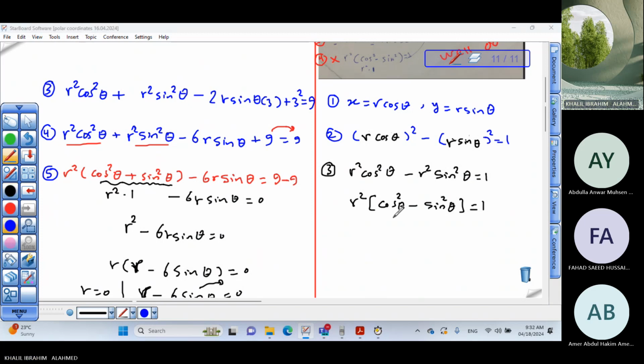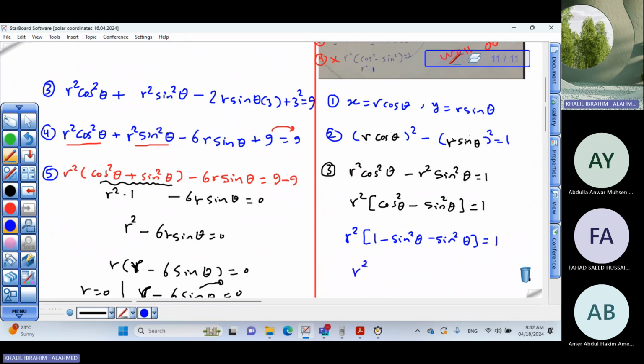Replace, this is r squared, replace cosine squared with 1 minus sine squared theta. This is minus sine squared theta equals 1.